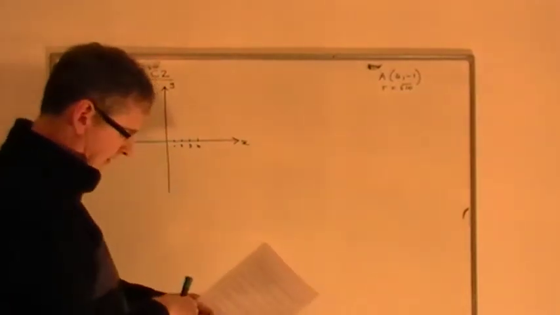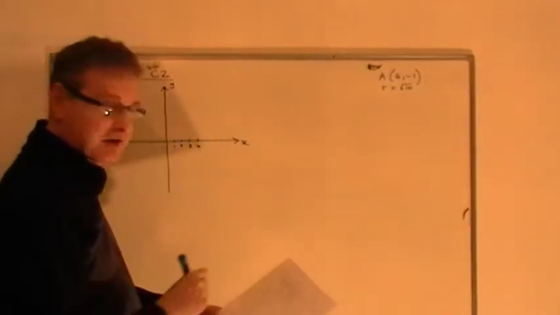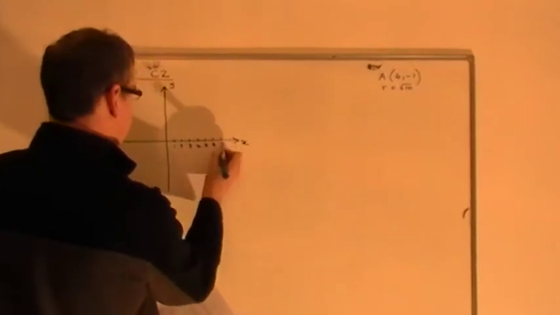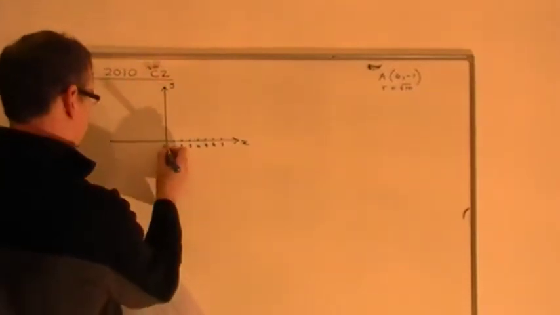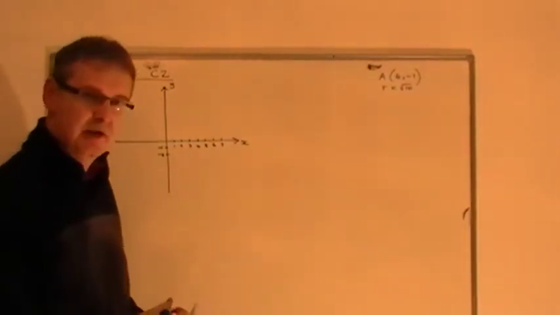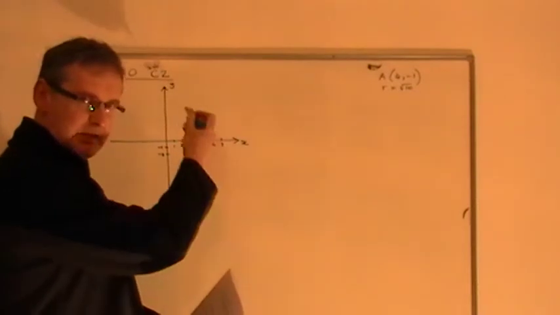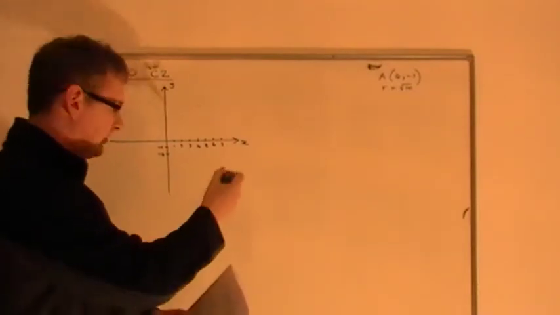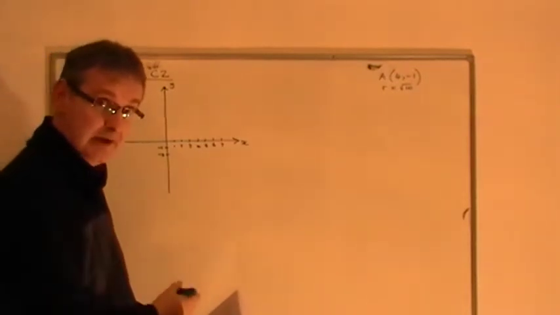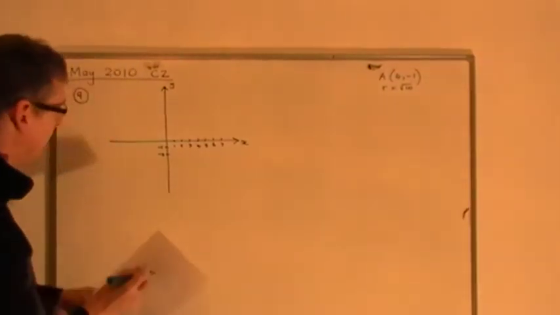I also will need to plot the point P, which is (7, -2), so 5, 6, 7. Make sure, if you want to do an accurate picture, that you're using the same scale on the x and the y axis, otherwise you won't get a circle coming out, you'll have some sort of ellipse, like an oval shape coming out, so make sure you do that.